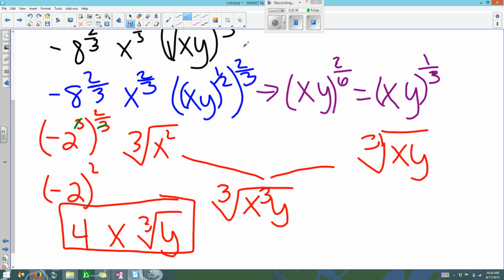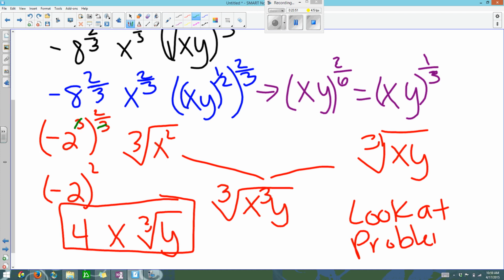Should the final answer have a radical? We didn't do this right now, but when you're doing homework tonight, please also look at problem 4 in your book. This is dealing with division, so follow the example that they give you for problem 4.